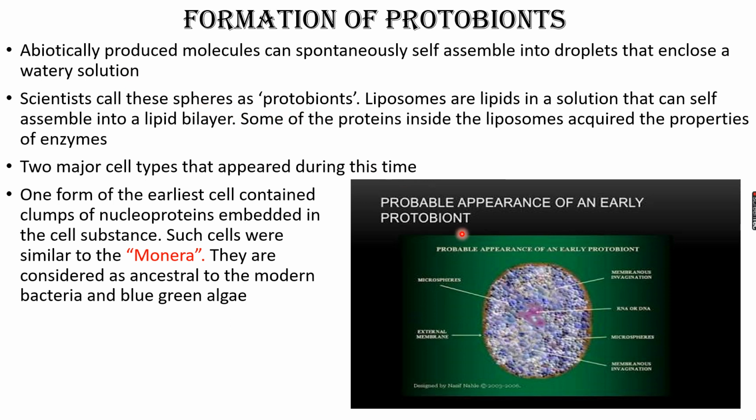One example is given here, the appearance of early protobionts. And here the protobiont is surrounded by an outer membrane, and below this, it's formed of a lipid bilayer membrane or liposomes, and inside this the proteins are present inside the liposomes. So the outer membrane is made up of a lipid membrane, and next it's surrounded by protein molecules.